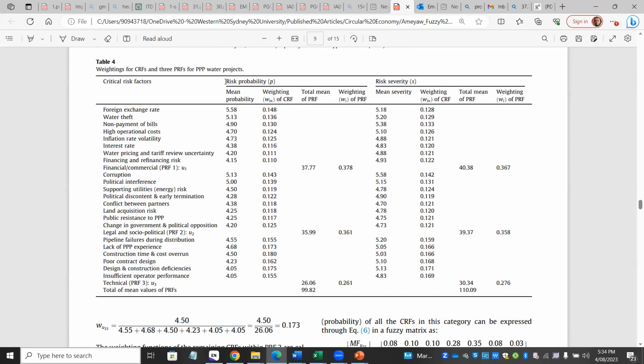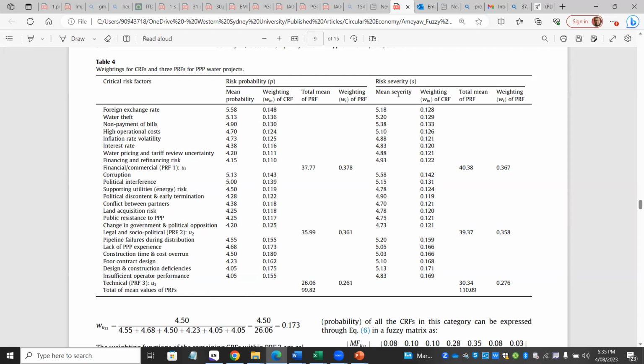Under the risk probability, the group weighting for financial or commercial risk, which is group 1, is 0.378. For group 2, which is legal and socio-political, it is 0.361. For group 3, technical risk, it is 0.261.